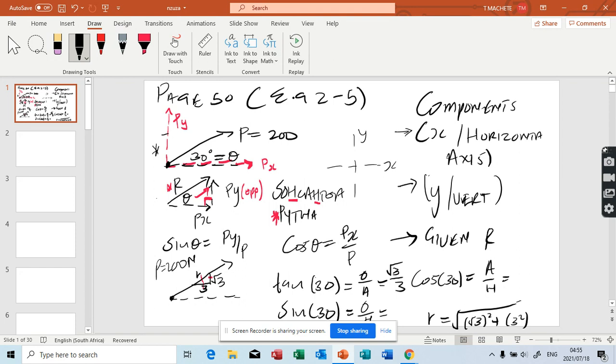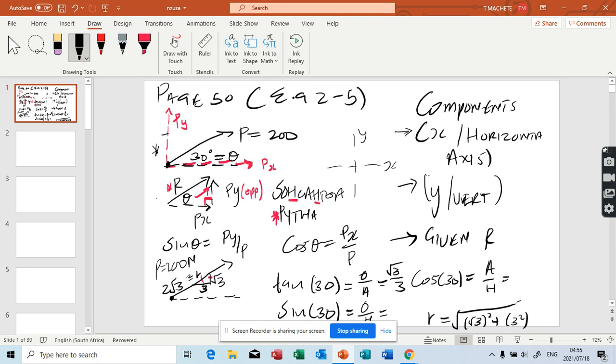So we can say root 3 squared plus 3 squared. I'm just doing the introduction right now. You will see the applications when we get there. So I got 2 root 3.